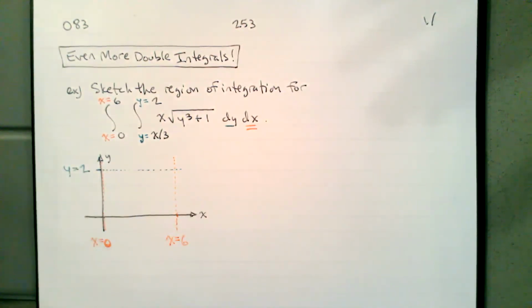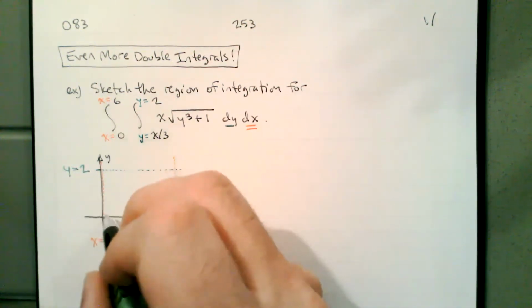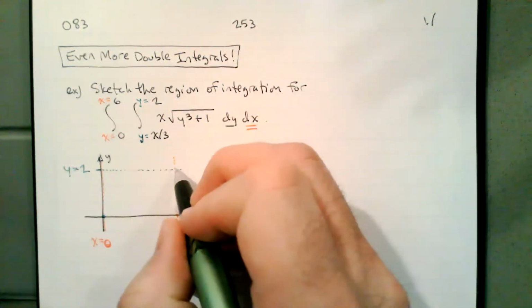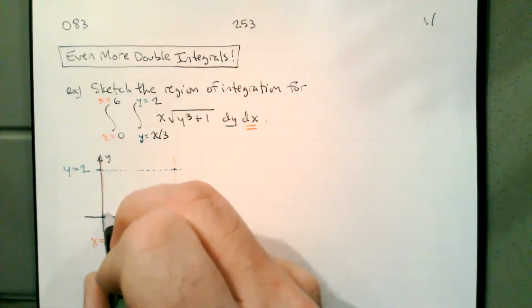And now I'm just going to draw the graph between x equals 0 and x equals 6. At x equals 6, we're going to draw y equals x over 3. Fortunately, that ends when x is 6 and y is 2. So y equals x over 3 goes from 0, 0 to 6, 2.